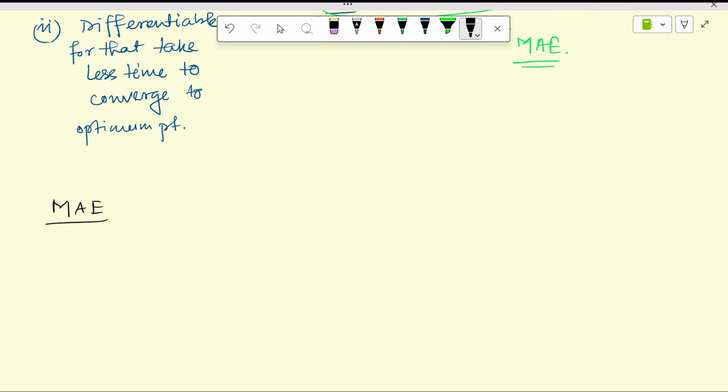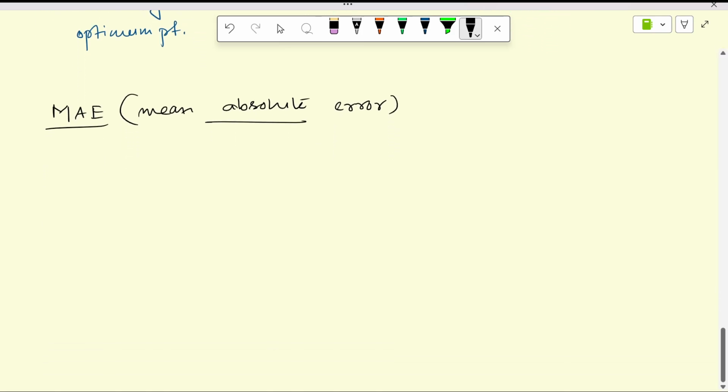MAE, which is mean absolute error. How to calculate this? Just like MSE, we do not take the square term. Instead of taking the square term, we take the absolute value. So MAE will be 1 by n, sum from i equal to 1 to n, of the absolute value of yi minus yi cap.